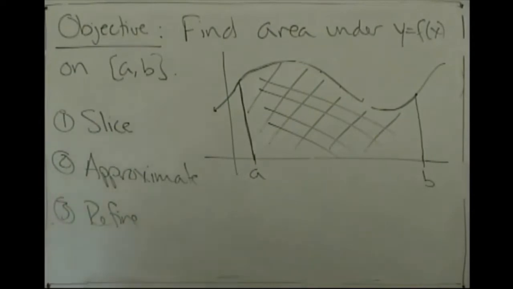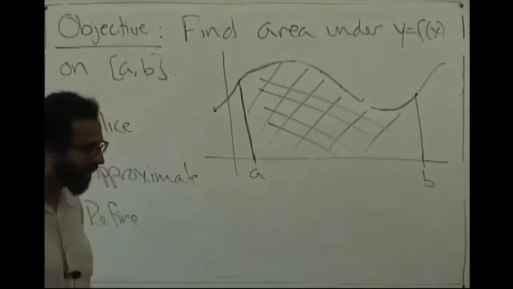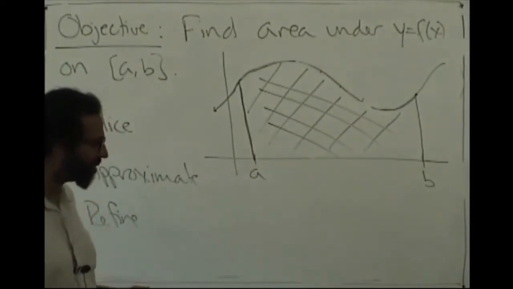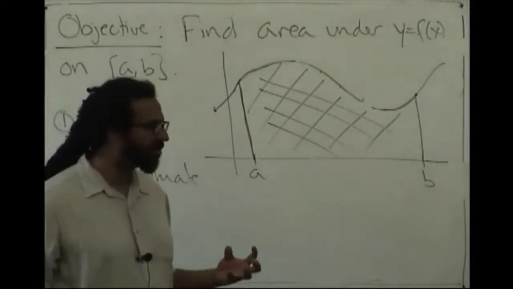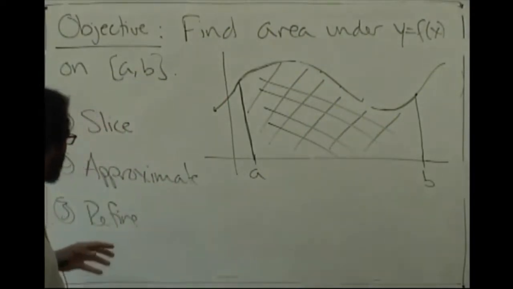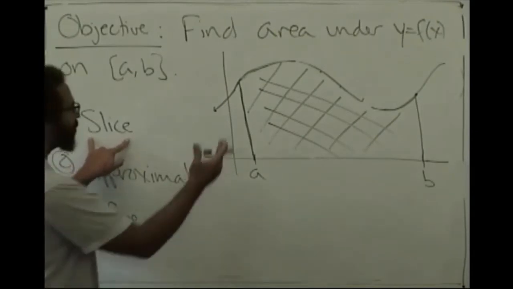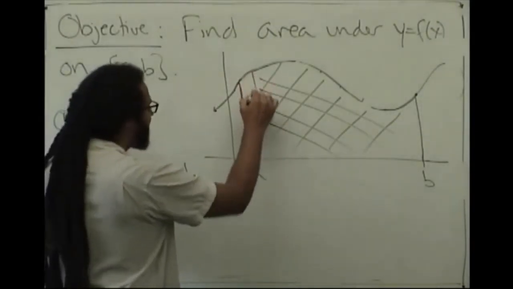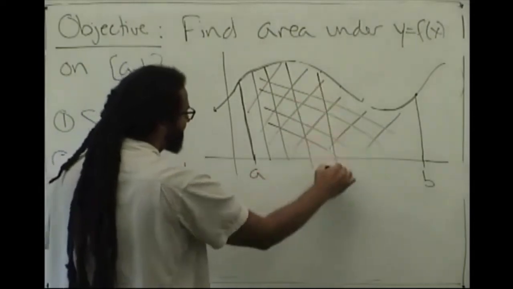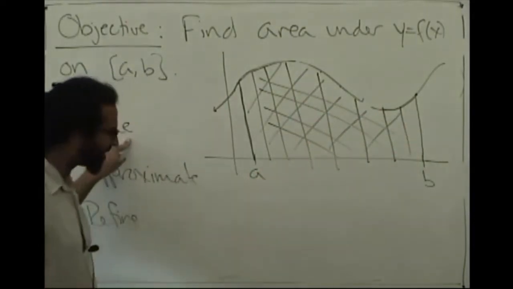The method that we will use is one that's pretty old, maybe ancient Greek old, but later looked at again in the 1800s by Riemann. It is: slice, approximate, refine. We will take the region and break it up into a bunch of rectangular slices.